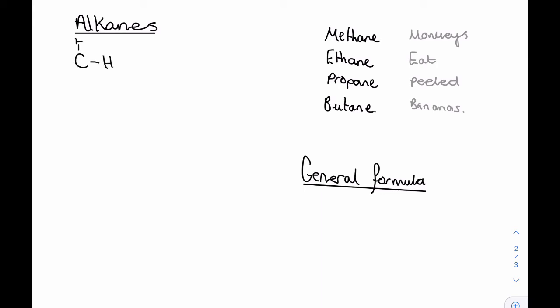something like this where there's just one carbon, and what we need to know is every carbon can have 4 bonds off of it. So here there is CH4 because there's 4 bonds coming off it. Next biggest one would be 2 carbons and then hydrogens coming off of it, and that's the next alkane in the order.